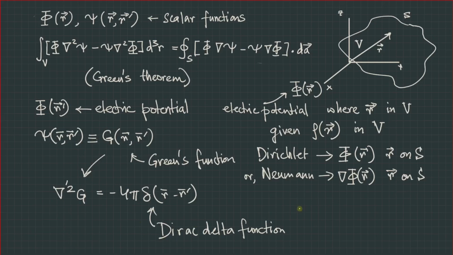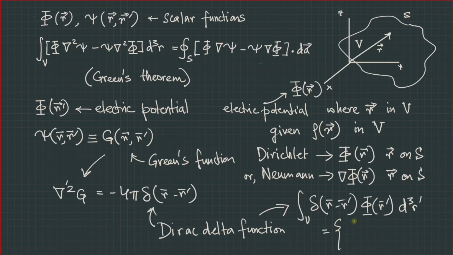And the Dirac delta function has a very important property, that is the integral of the Dirac delta function times any arbitrary function in a closed volume V is equal to phi of r if r is in V and 0 otherwise.